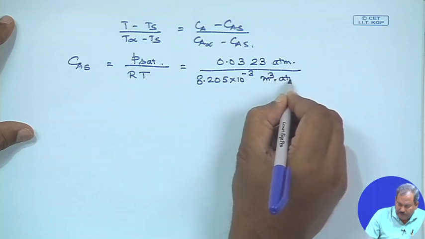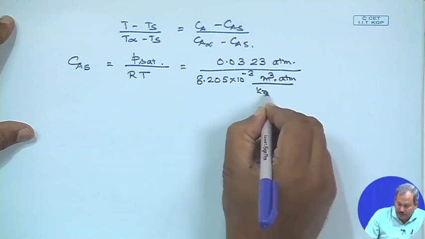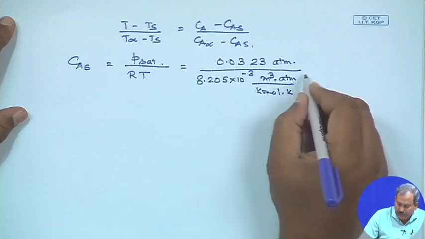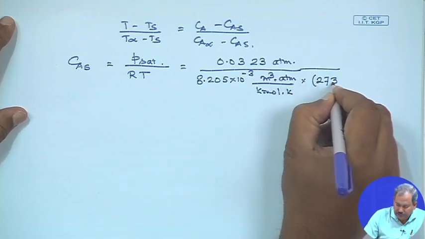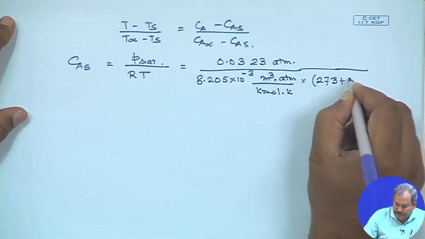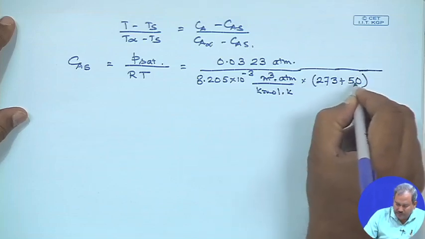meter cube atmosphere per kilomole Kelvin, and the temperature in Kelvin scale. The temperature for the case of mass transfer, it is 50.